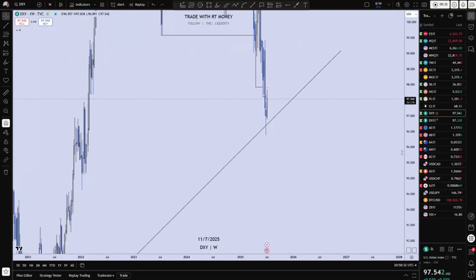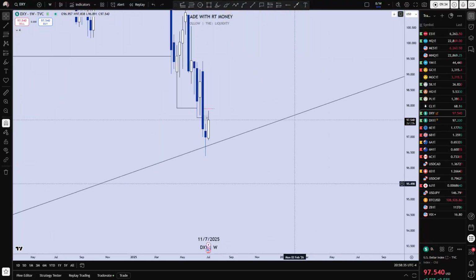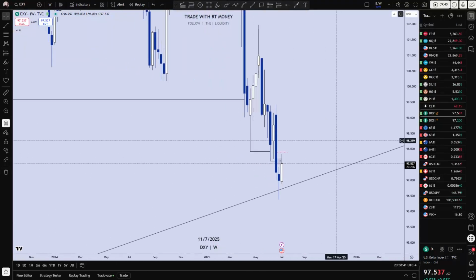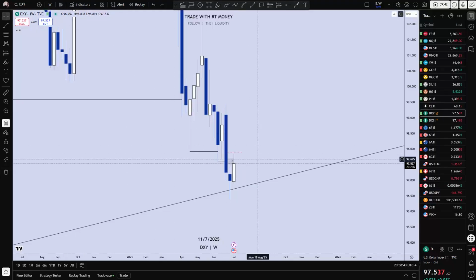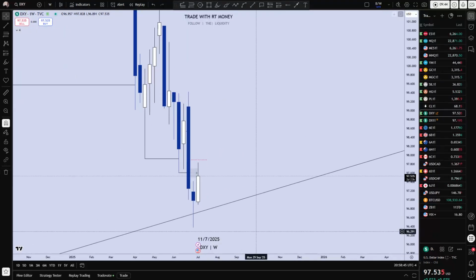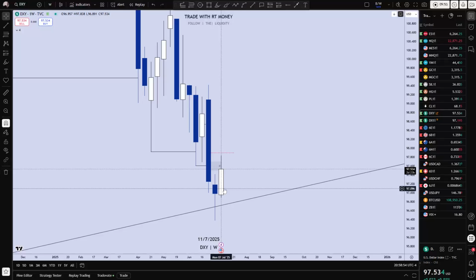The US dollar index has reacted to coming into contact with this support line on the weekly. And you see it turned bullish, right? Came into contact, showed respect, turned bullish. All right, this is the current week we're in.